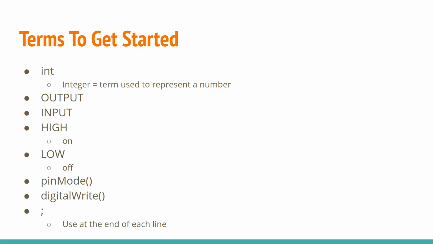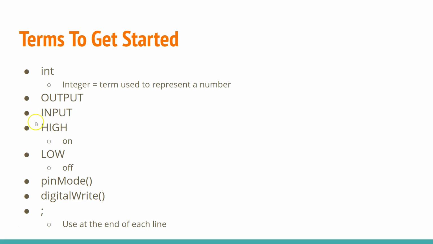So then anytime I use the word LED, that's calling back to a specific number. Basically, I've just created a representation for me to mentally remember things. Output means that you are wanting to send data out of a pin. Input means you're telling the board to be looking for data, or basically electricity, coming into the pin.